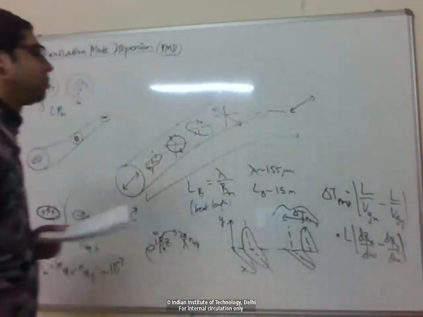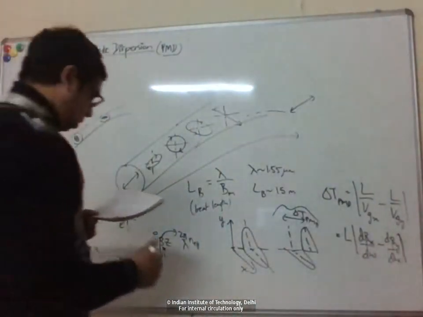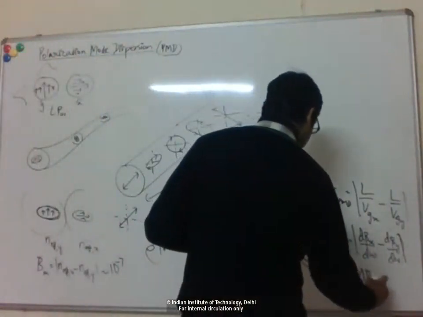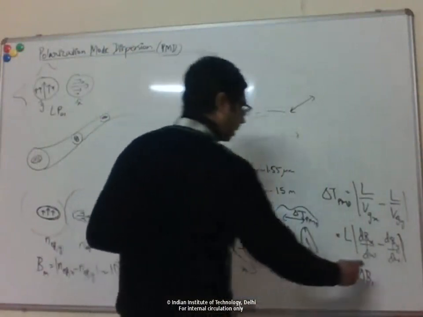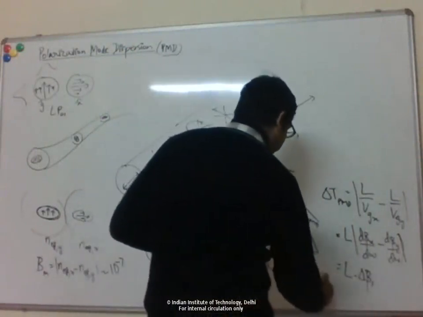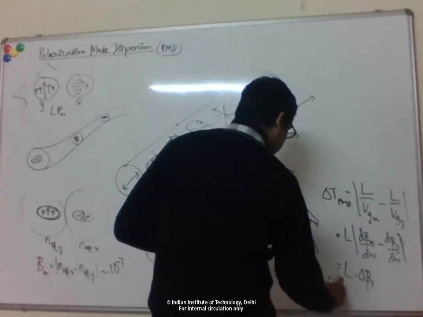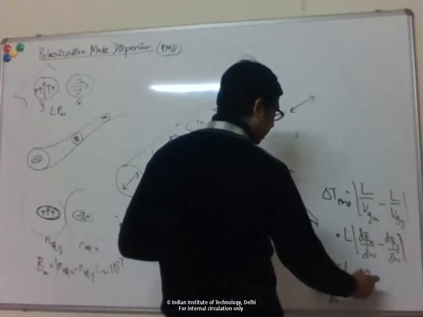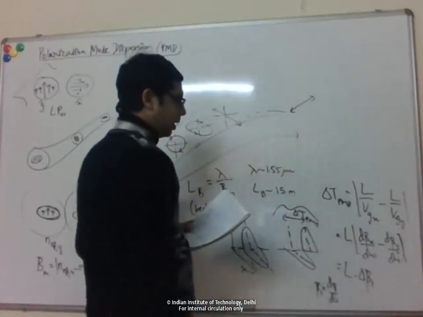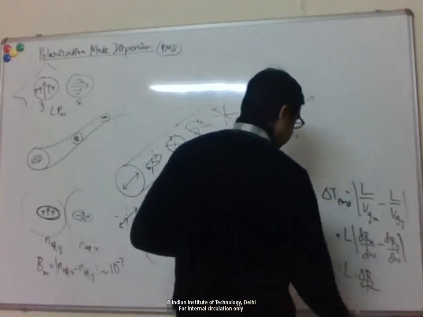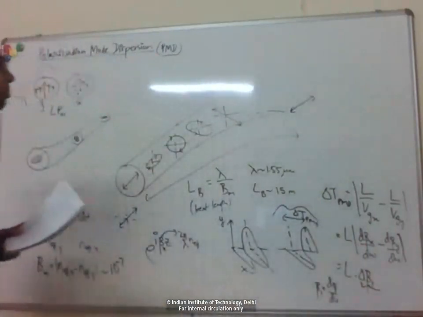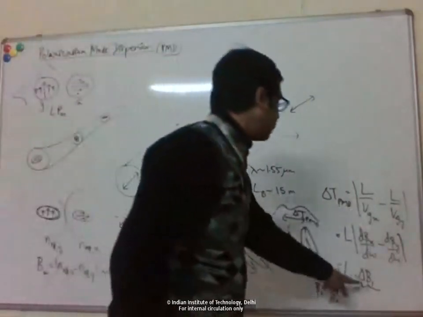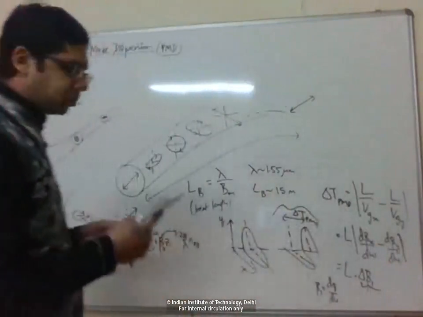So this is basically L times delta beta 1, where beta 1, subscript 1, again is the first derivative of beta with respect to frequency, and delta means the difference in the x and y components. So different group velocities of the x and y polarization give rise to a pulse broadening.